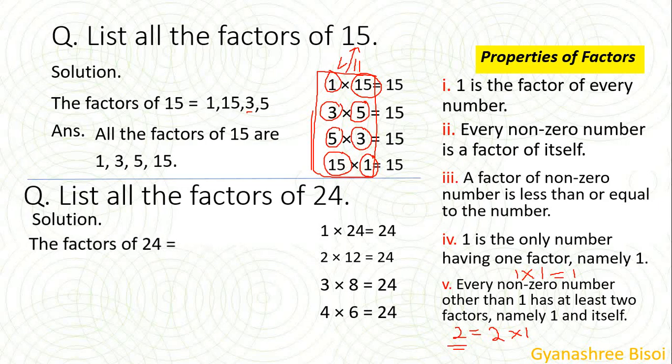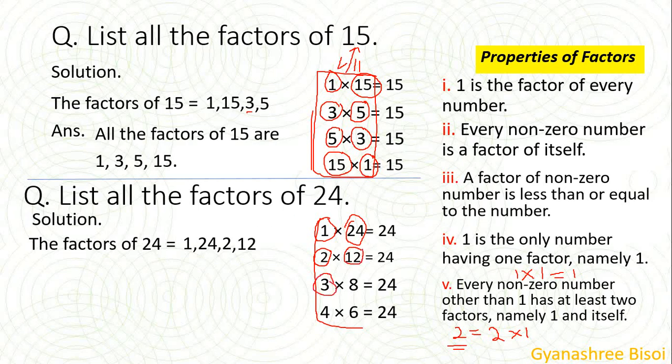So the factors of 24 are, you can test all the numbers. First one is 1, next one is 24. I will write 24. Next one is 2. I will write 2. Next one is 12. I will write 12.